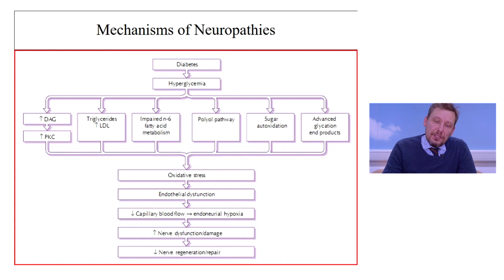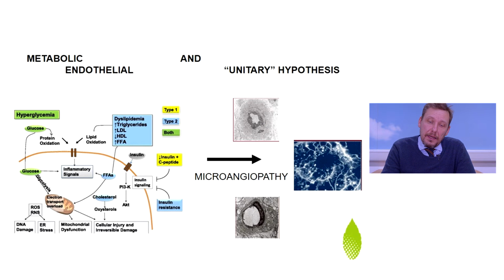Subsequent mediators of oxidative stress, endothelial dysfunction, and inflammatory markers probably are responsible for damaging these capillary networks, which eventually result in local hypoxia, and in the case of peripheral nerves, neural hypoxia. Unfortunately, these tissues appear to be relatively susceptible to this type of damage and lack very good capacity to regenerate, hence making this a potentially quite irreversible disease once it occurs.